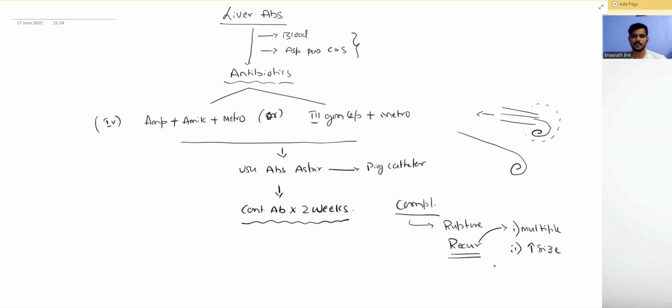So with increased size of the abscess, multiple abscesses, or if the underlying cause of the liver abscess is not treated, or in immunocompromised patients, in all these cases there is a risk of recurrence. If it recurs, then again aspiration is done. If aspiration is not effective, an indwelling catheter is placed until it is completely resolved.